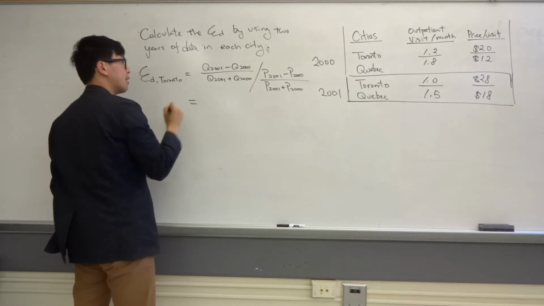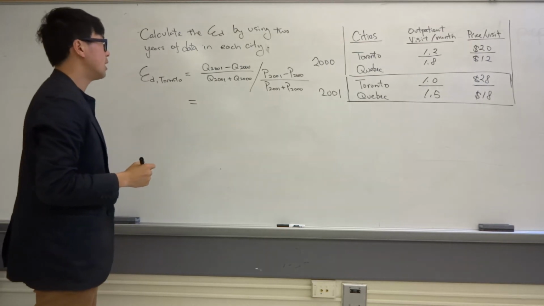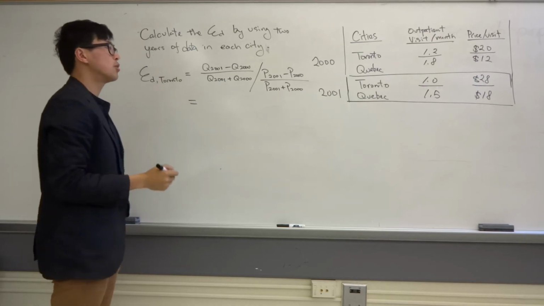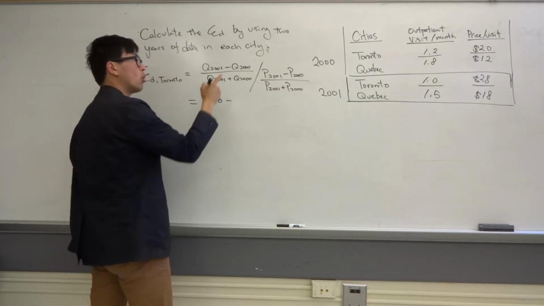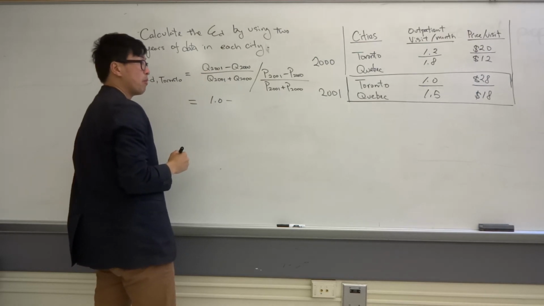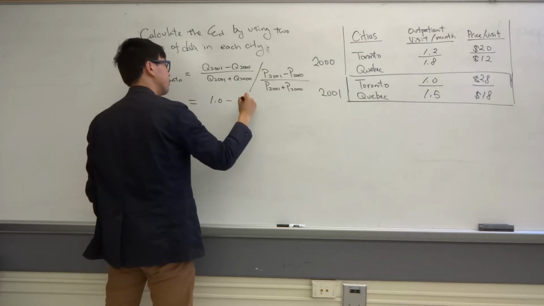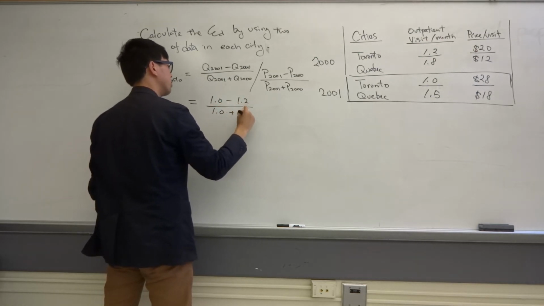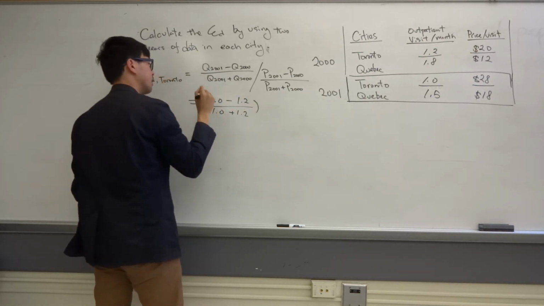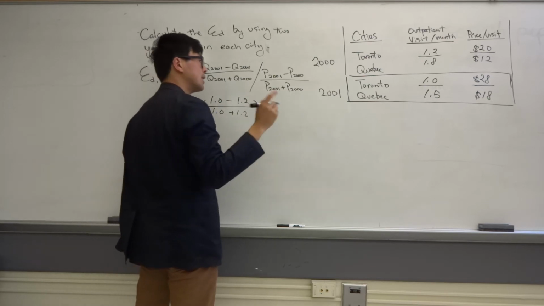So I'm going to work it out one time with you guys. Let's say I'm going to use the quantity in 2001, which is 1, minus the quantity, the visits per month, 1.2, divided by 1 plus 1.2, and then divided by the price.